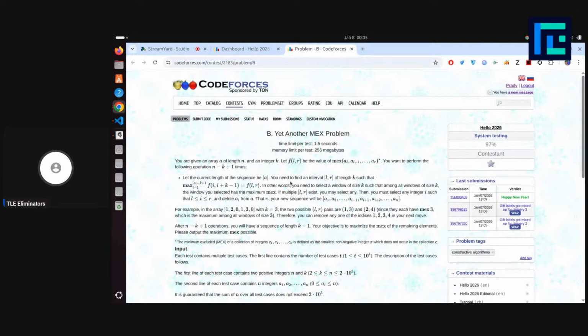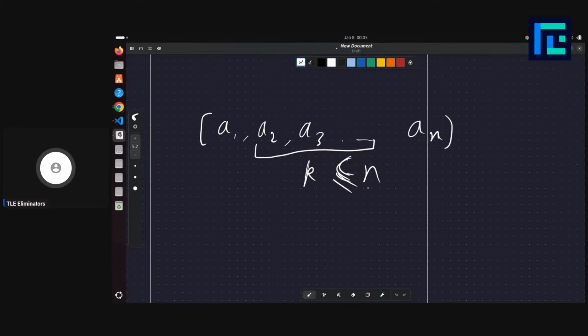We have to select a window of size k such that among all windows of size k, the window we selected has the maximum max. If multiple windows exist, then we can select any of them. So we found a subarray of length k having maximum max. I think you all should know what max is, I won't explain that.